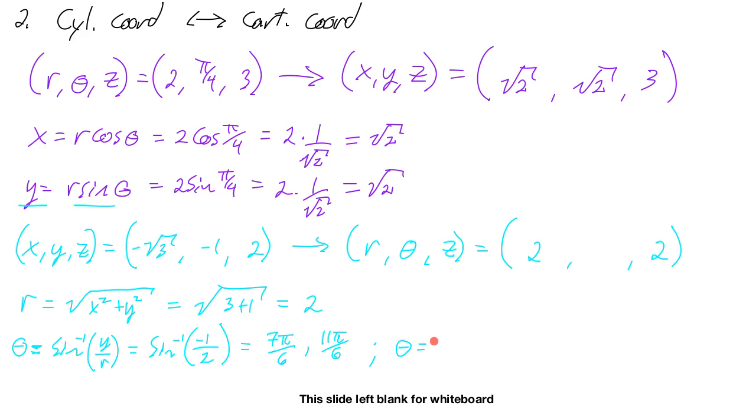Theta is also, I probably shouldn't put equals here because this might be a little confusing. It's not quite true because theta isn't equal to these two things. It's going to be equal to only one of them. So now we do the same thing, but with cosine. So this is x over r, and you get that from this equation up here.